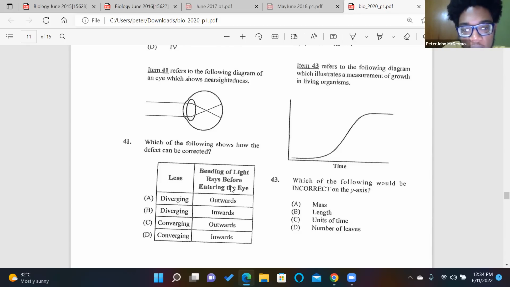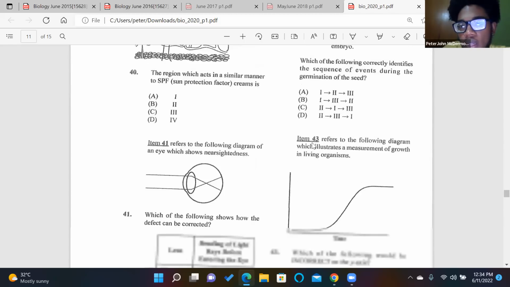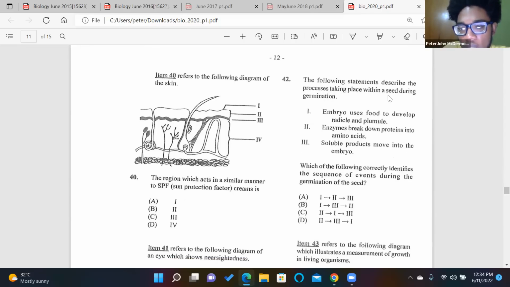Many of light rays before entering the eye. Outward. Yeah, I would say outward as well. Let me think though. Yeah, outward. So next. Following statements describe the process taking place within a seed during germination.